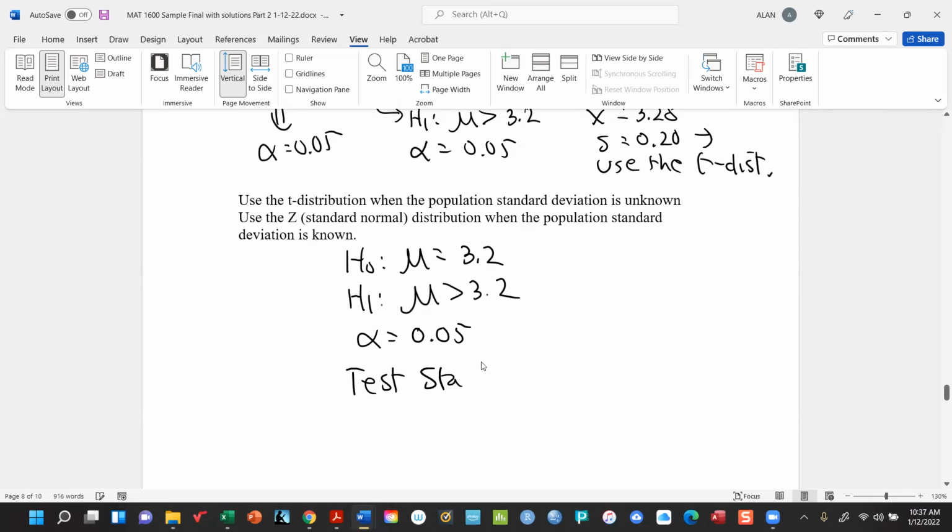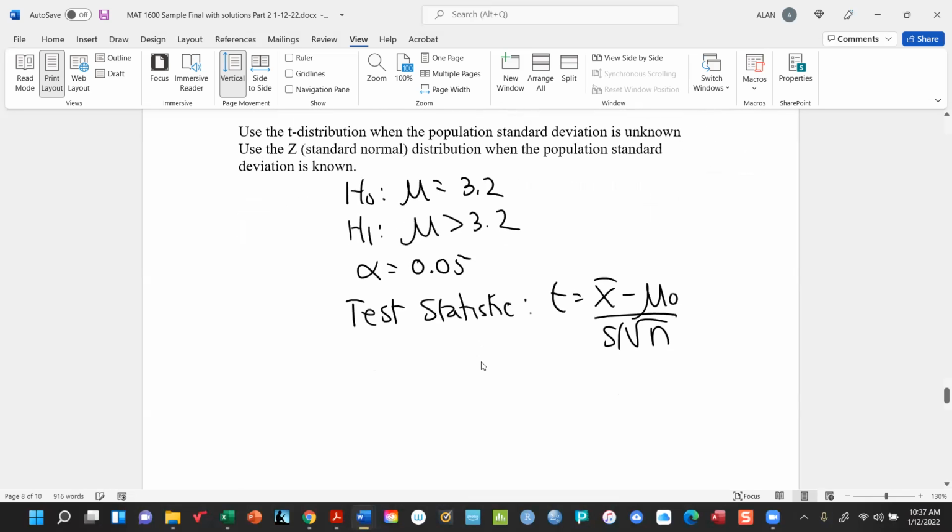Now, what about the test statistic? Remember, there's only 2 possibilities here. The form is the same in both cases, but since we know that we're using the t-distribution, that indicates that we should use S here instead of sigma. And we are following the t-distribution.